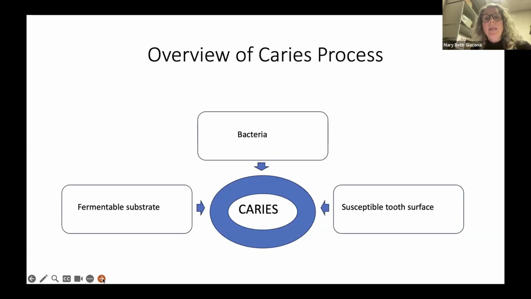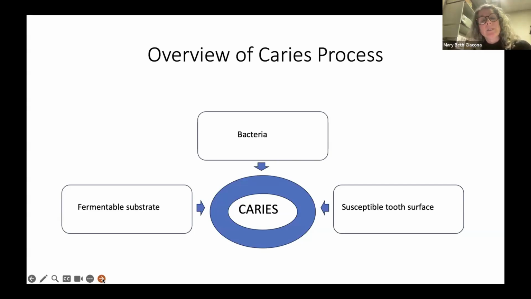First, we have bacteria. We all have bacteria in our mouths. Several species of bacteria have been linked to dental tooth decay. Some people have more aggressive bacteria in their mouth, meaning that those bacteria will take the tiniest bit of carbohydrate, which is the fermentable substrate component that you see on this slide, and metabolize it into an enormous amount of acid.